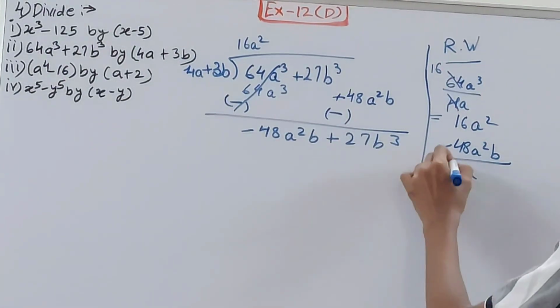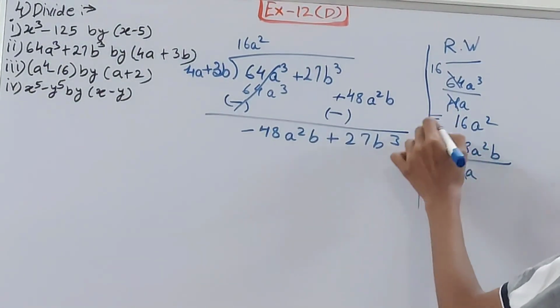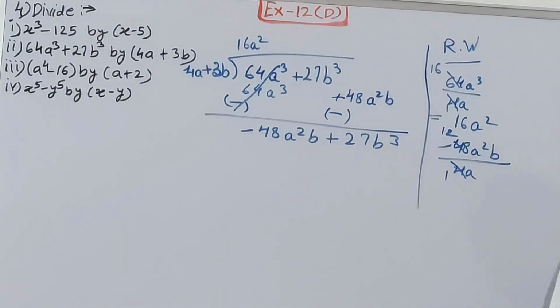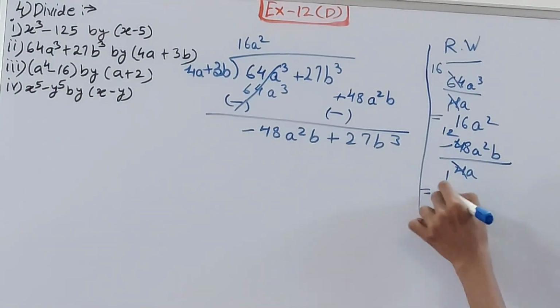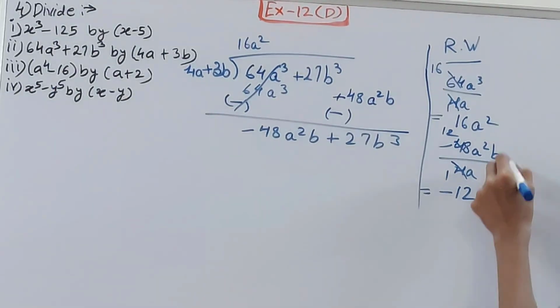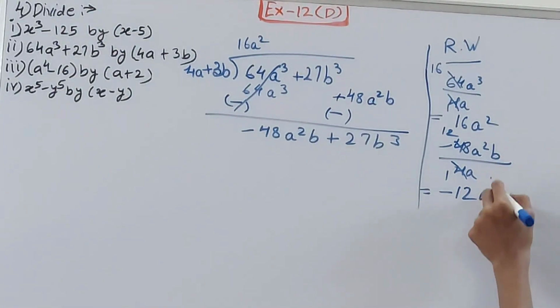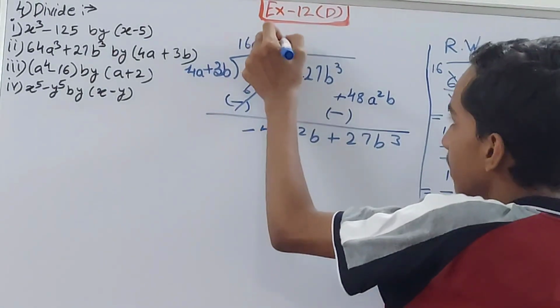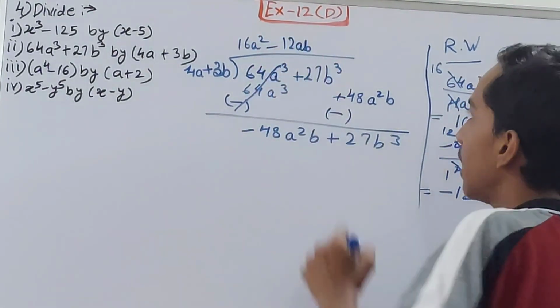Minus 48, so 48 goes 12 times by 4, right? And A, so you write it here, minus 12. A square and A, so this will become A. B here, there is no B in the denominator, so just write it down as it is.